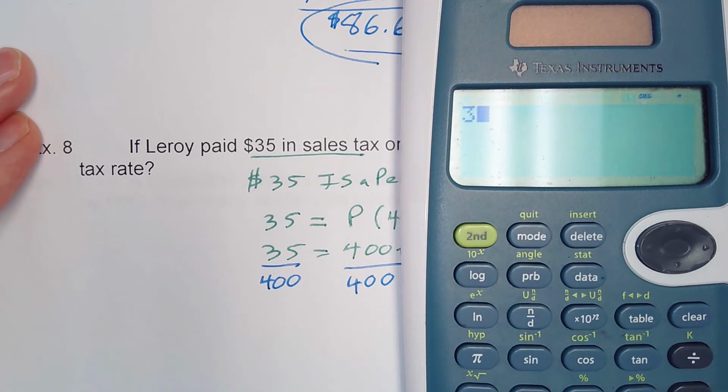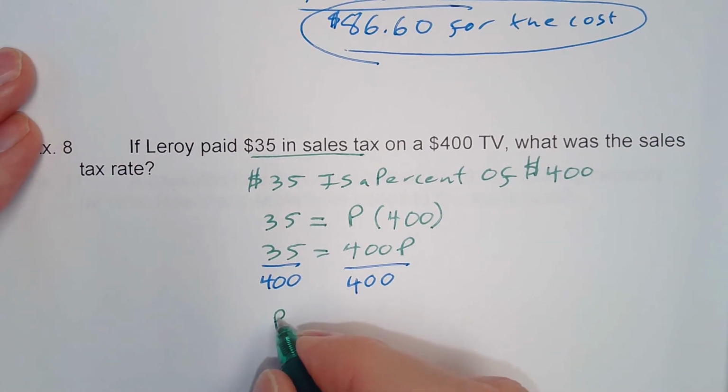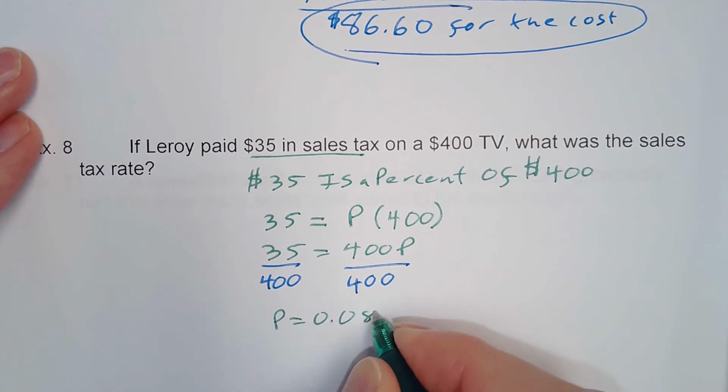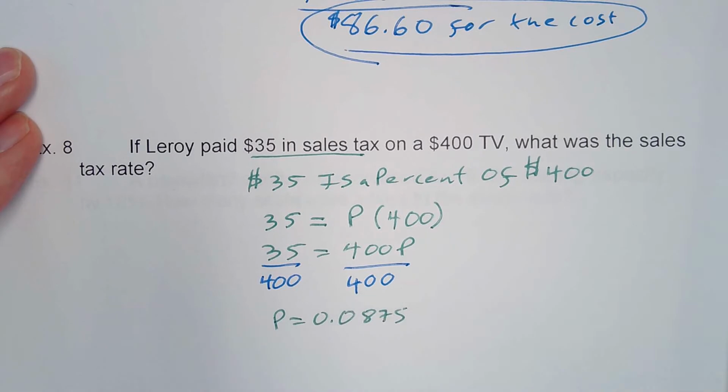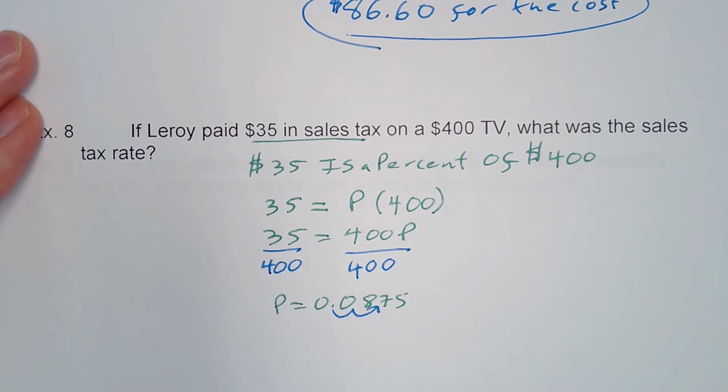So we're going to do 35 divided by 400. That's 0.0875. But remember, we got to change that into a percent. So I have to slide my decimal point 2 places to the right. Now it gives 8.75%.